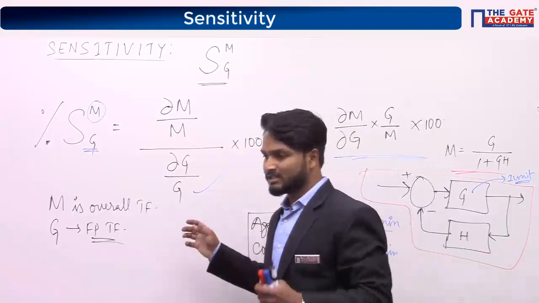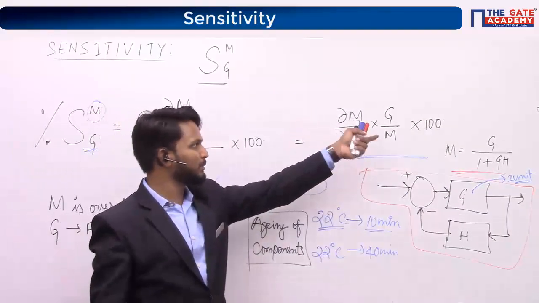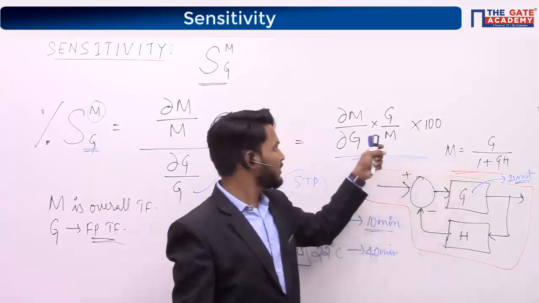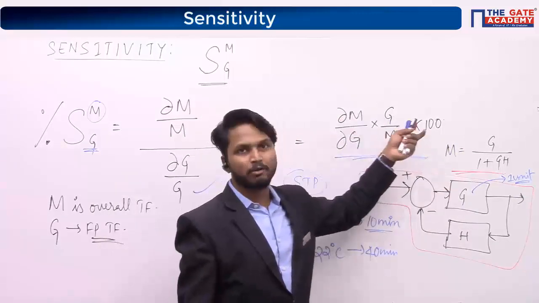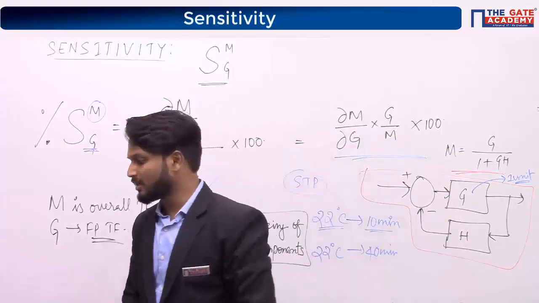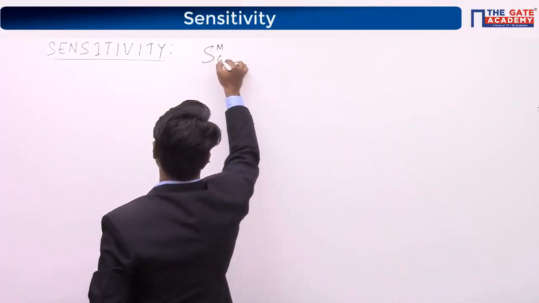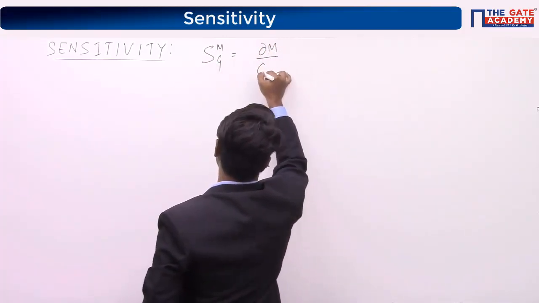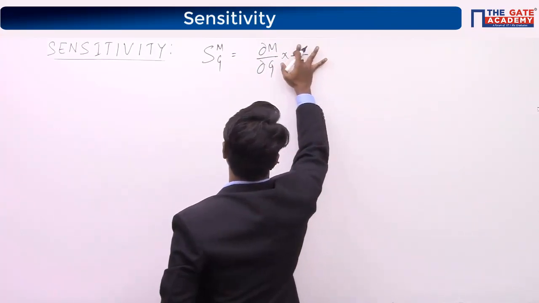So just find out dou M by dou G multiplied by G by M for this overall transfer function. Just partially differentiate G by 1 plus GH with respect to G and tell me what answer you are getting. So sensitivity of the overall transfer function with respect to G, what is the definition? It is dou M by dou G multiplied by G by M.